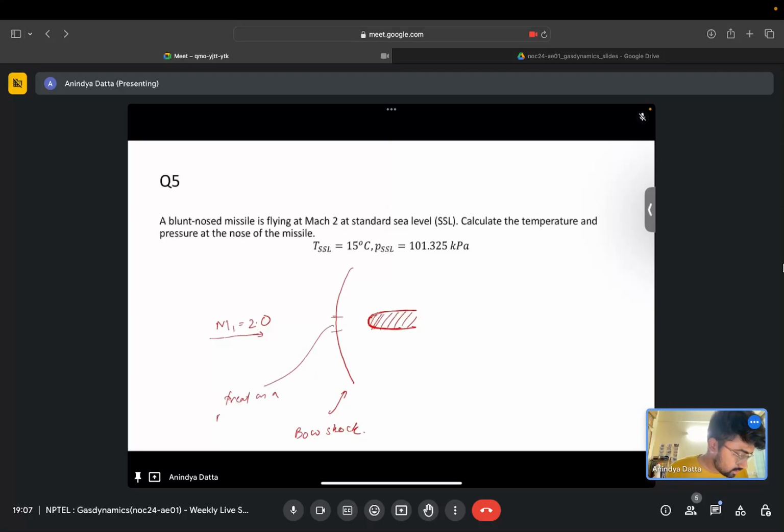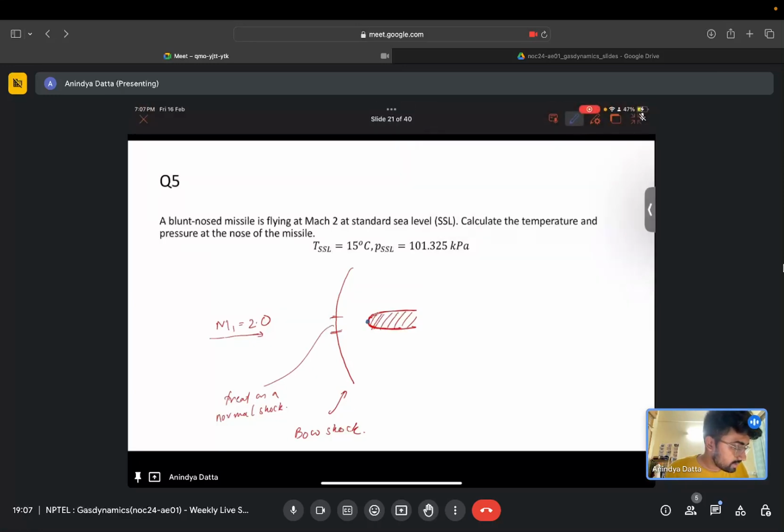This small part of the bow shock we can treat as a normal shock. We need to find the temperature and pressure at this point, which is a stagnation point, which implies that temperature and pressure will be equal to stagnation values.